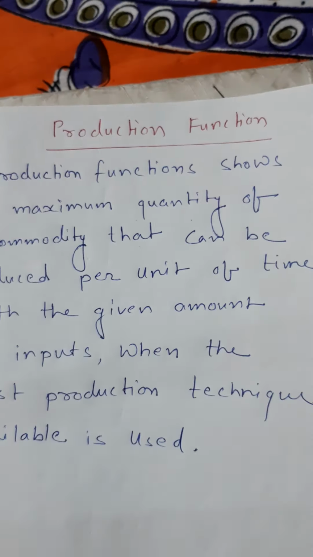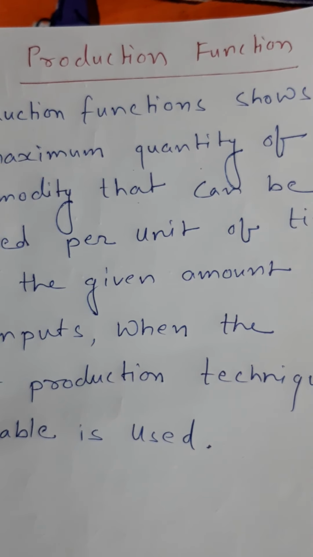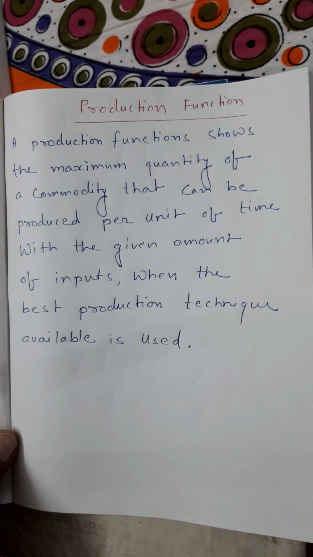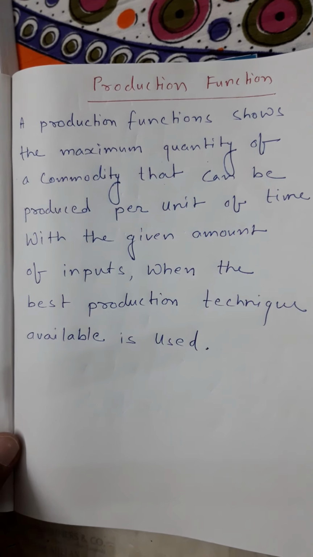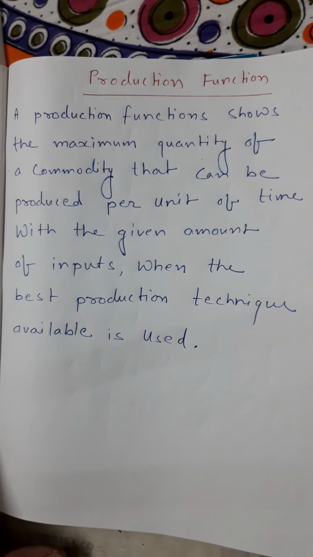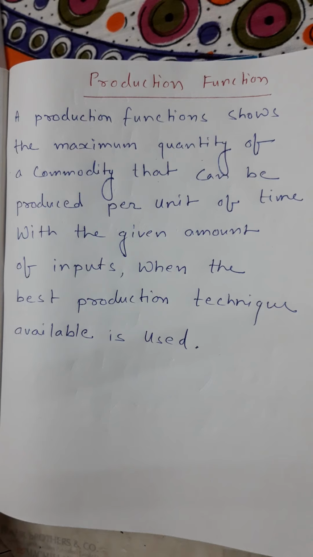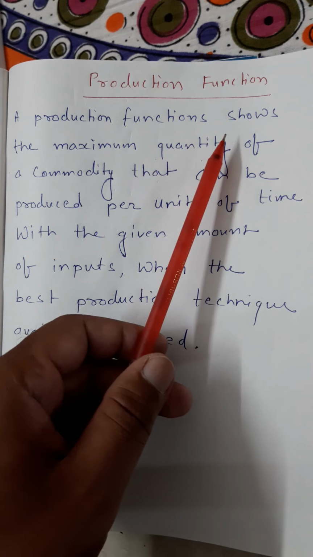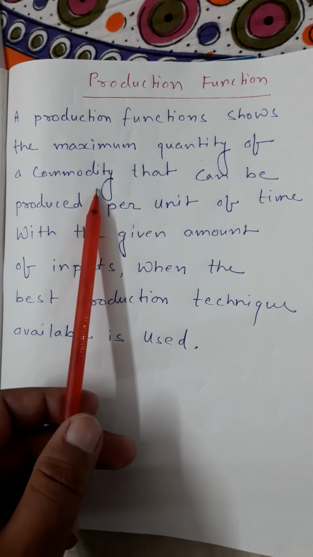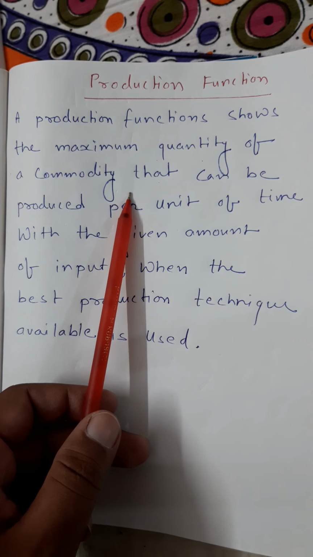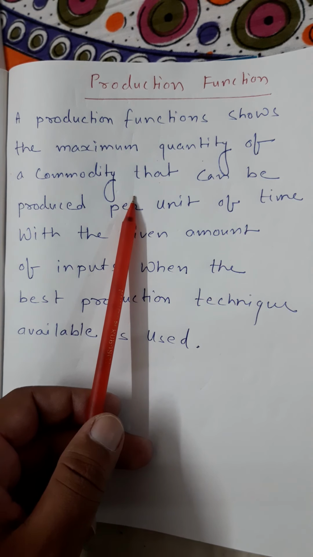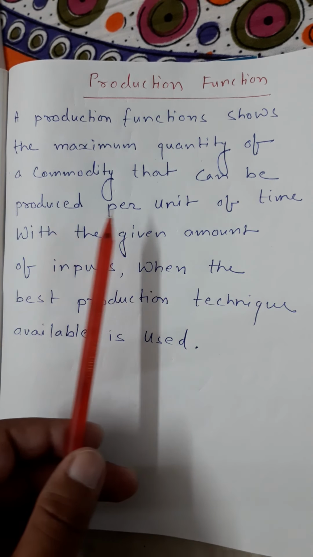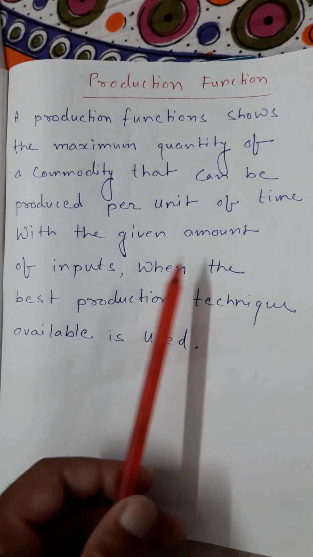The production function is what? A production function shows the maximum quantity of a commodity that can be produced per unit of time with the given amount of inputs.